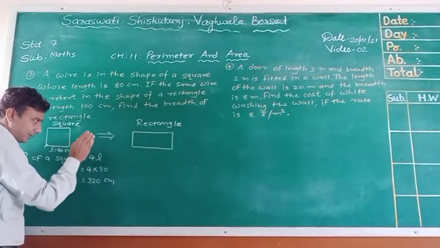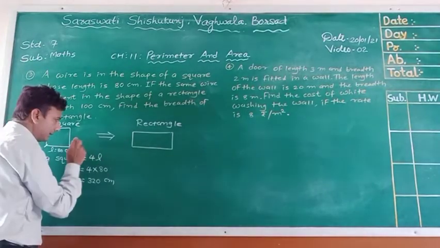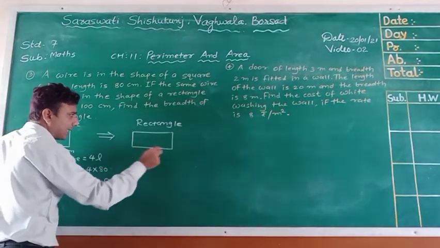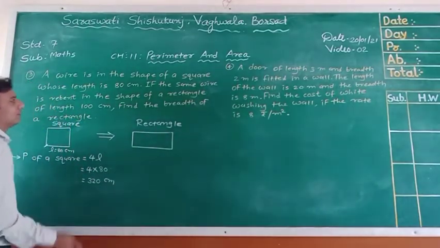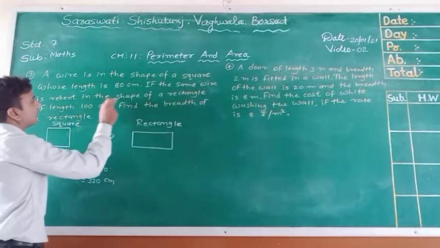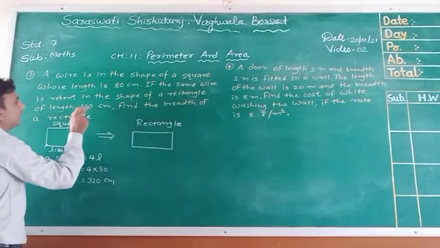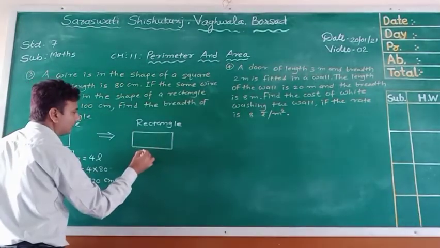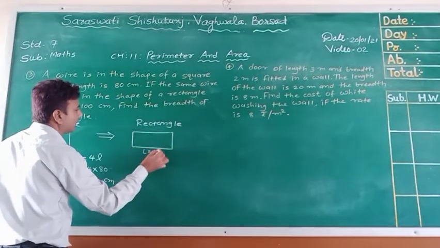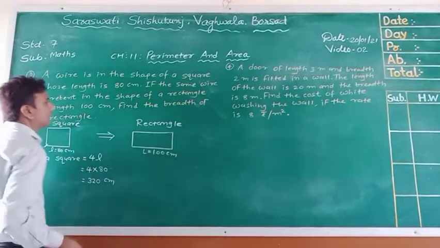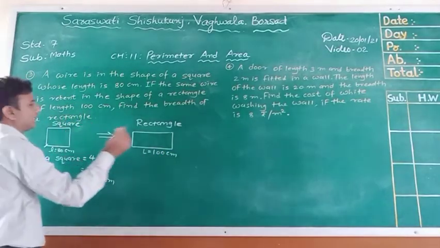Then I convert this straight line into a rectangle. So in the shape of rectangle, we have to keep the length 100 centimeter. Find the breadth of the rectangle.